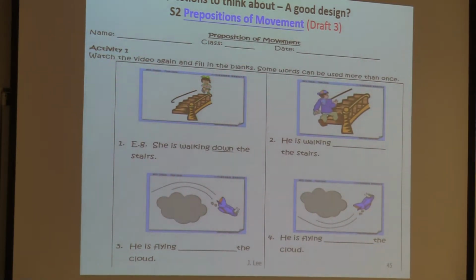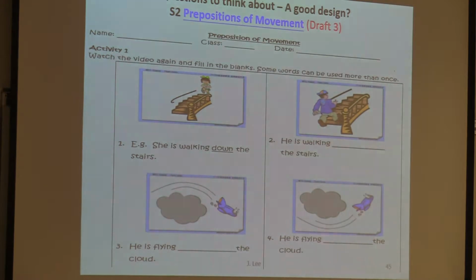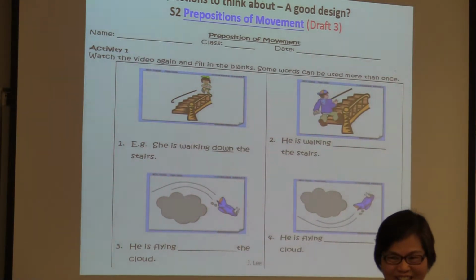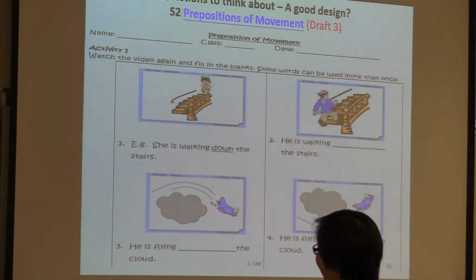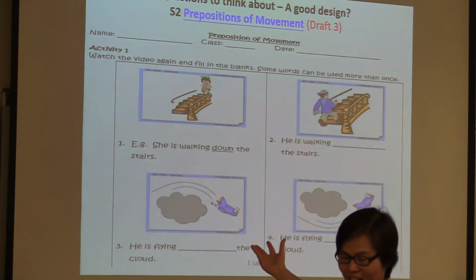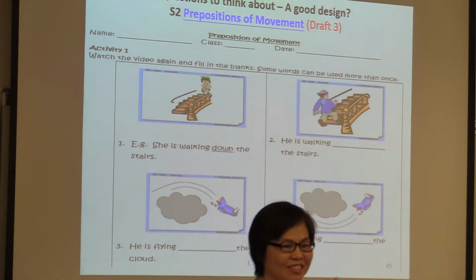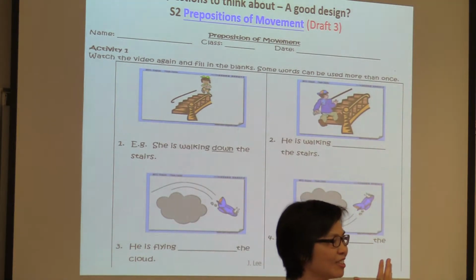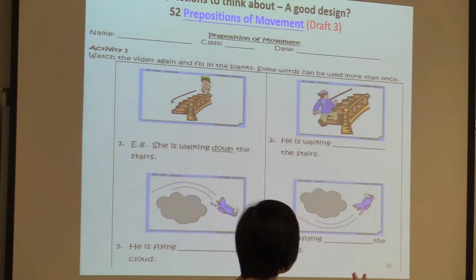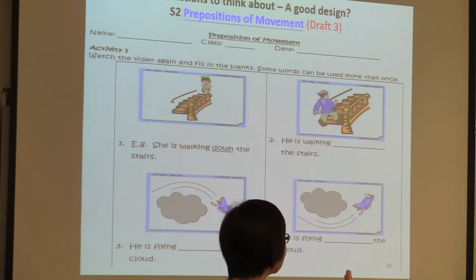However, in the lesson, it was not okay. Why? After the students had done this, the teacher checked the answers. How did she check the answers? She said, down, up, over, under.